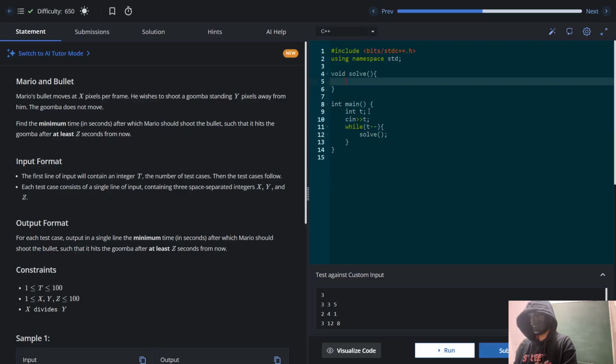So this is the solve function, and each test case consists of a single line of input, three integers x, y, z.